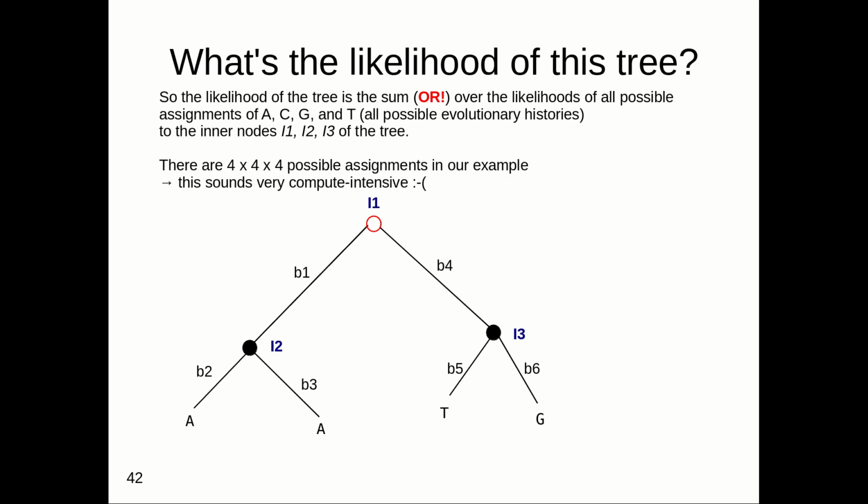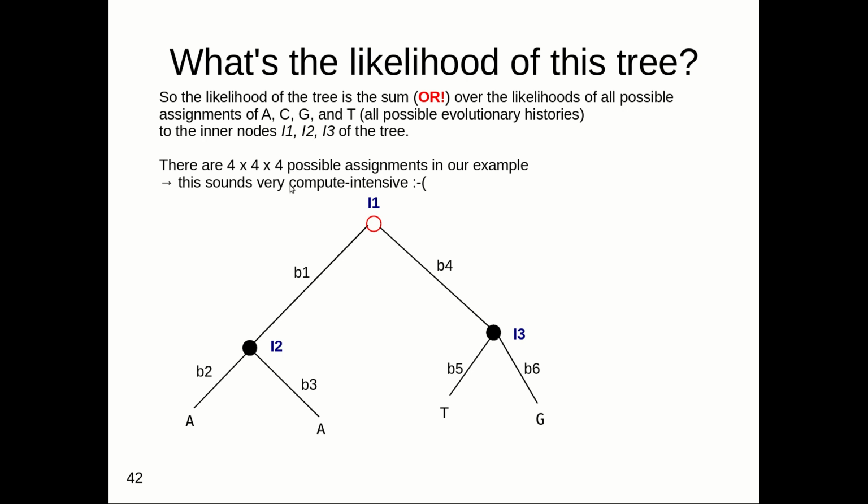So here the bad news is, or what might initially irritate you, is that if I think about the possible number of assignments of those four states A, C, G, T to the inner nodes, as I have three inner nodes and each inner node can be assigned four distinct nucleotides, I have 4 times 4 times 4, meaning 64 possible assignments in our example. And this is a very small tree.